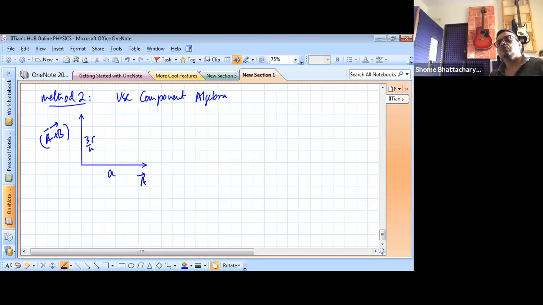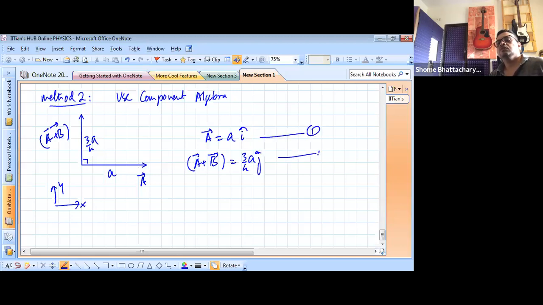So let's take this as our x-axis and this as our y-axis. In component form, the vector A is a i cap, and the vector A plus B is 3/4a j cap. So equation 1, equation 2.